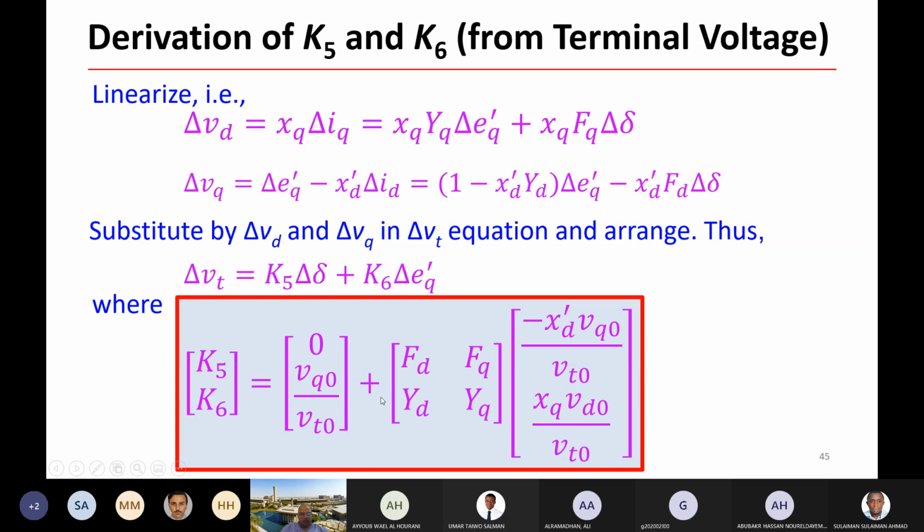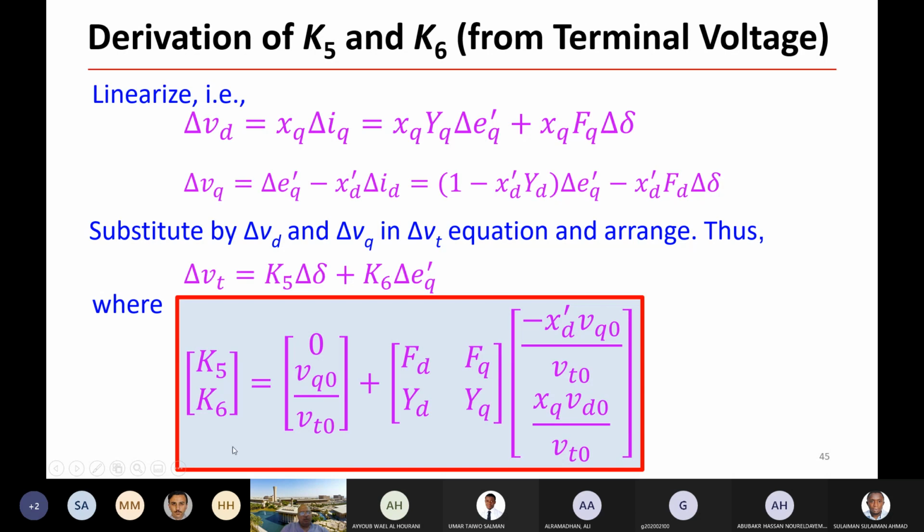K5 equal to 0 plus FD times this, FQ times this, and K6 equal to VQ0 over VT0 plus YD plus YQ multiplied by this. So we express now VT in terms of the states.